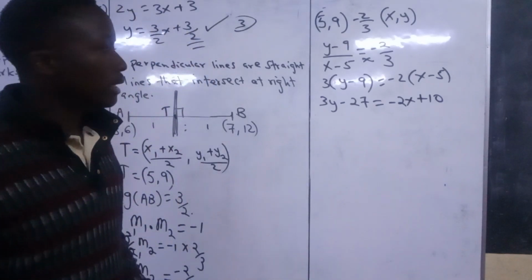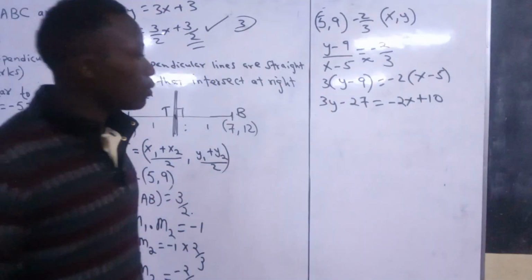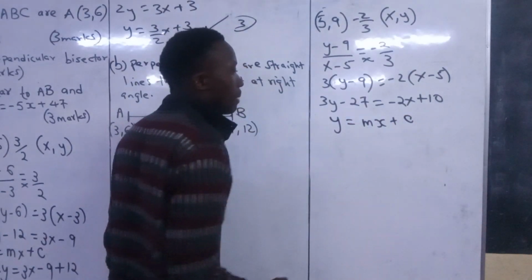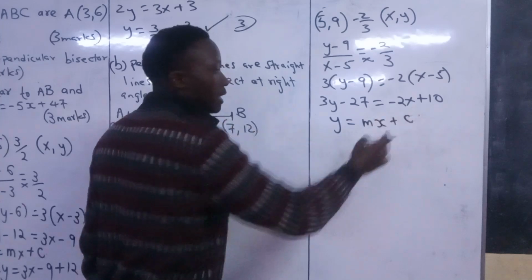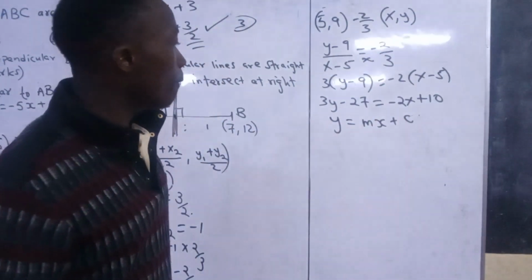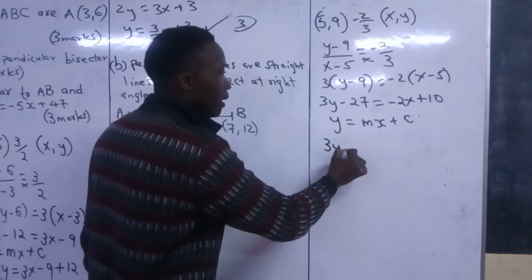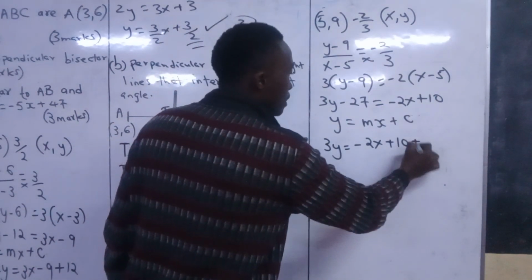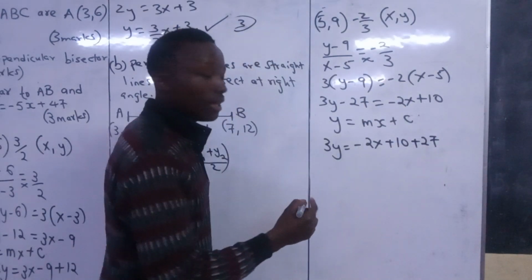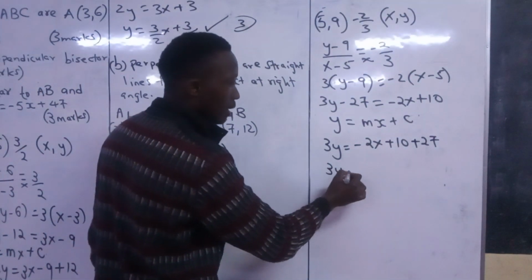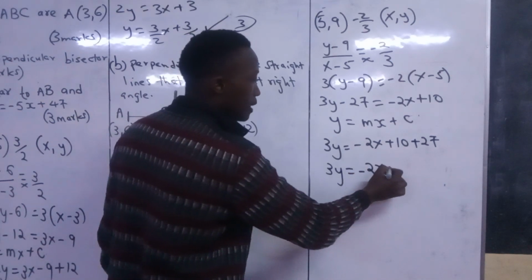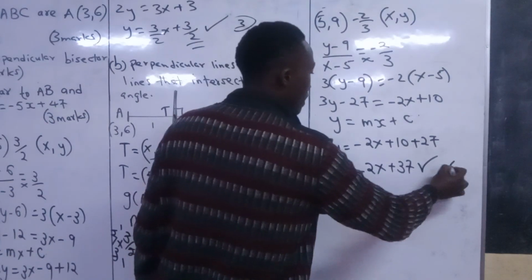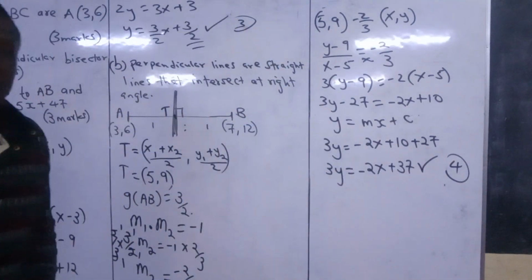Now we put the like terms together so that we can write our equation in the form y equals mx plus c, the general equation of a straight line. So 3y is equal to -2x plus 10 plus 27. That gives us 3y is equal to -2x plus 37. We can have that as the equation of the perpendicular bisector, and you will earn your 4 marks.